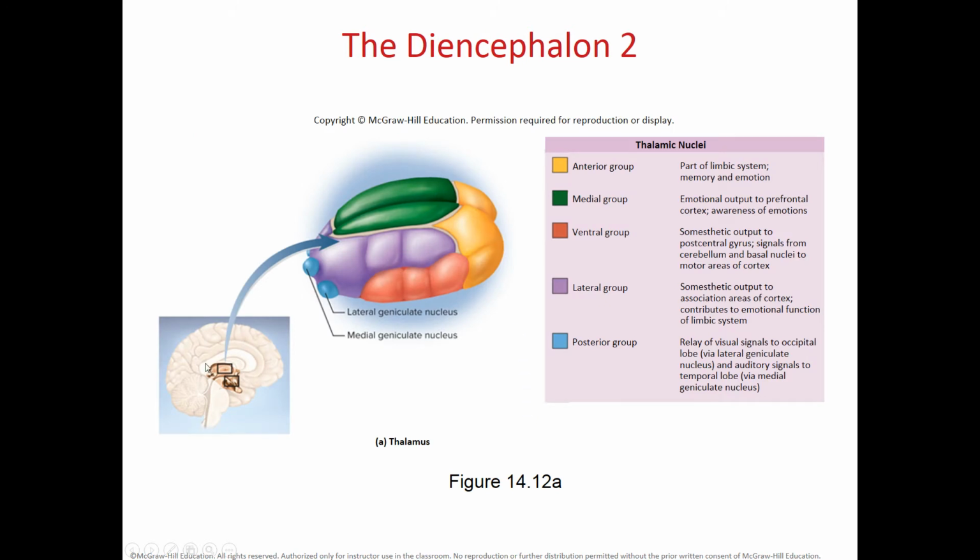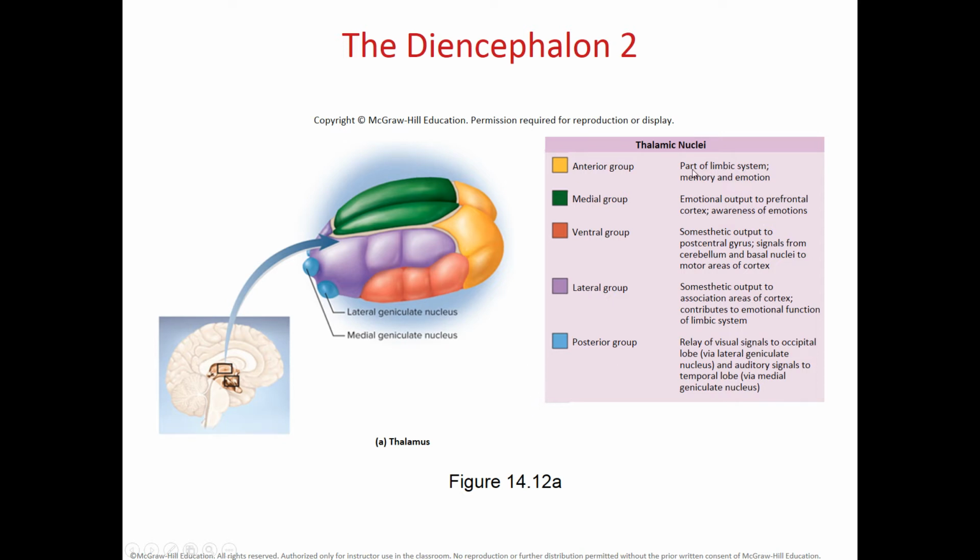So this is the location of the thalamus. It has an ovoid shape, and it has these functional groups: the anterior, medial, lateral group, the posterior group, and the ventral group in here.